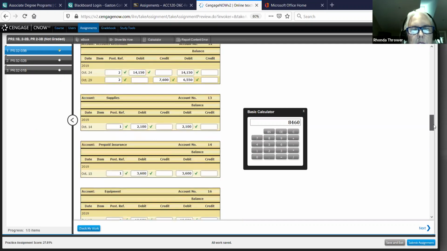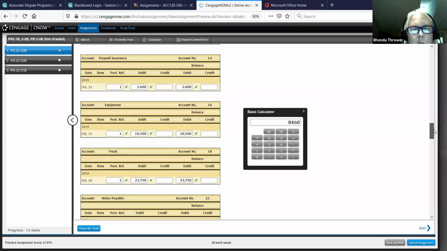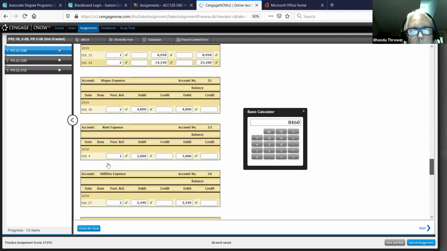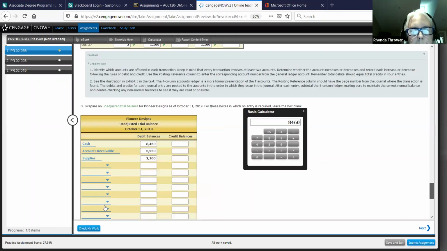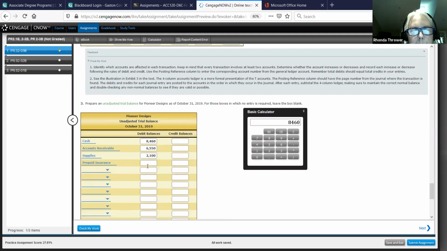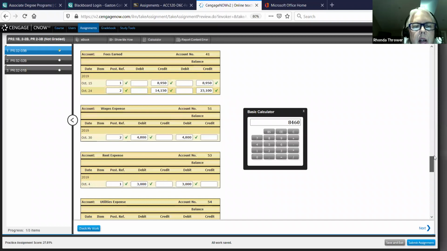The next account is prepaid insurance. It has a balance of $3,600. Prepaid insurance is an asset. It's got a debit balance of $3,600. You're just copying it down.